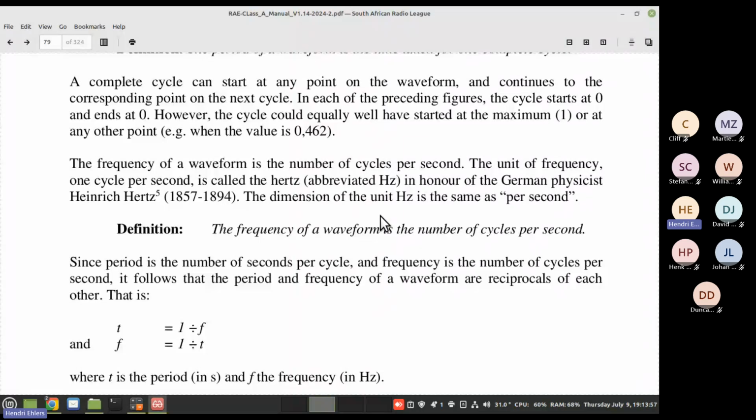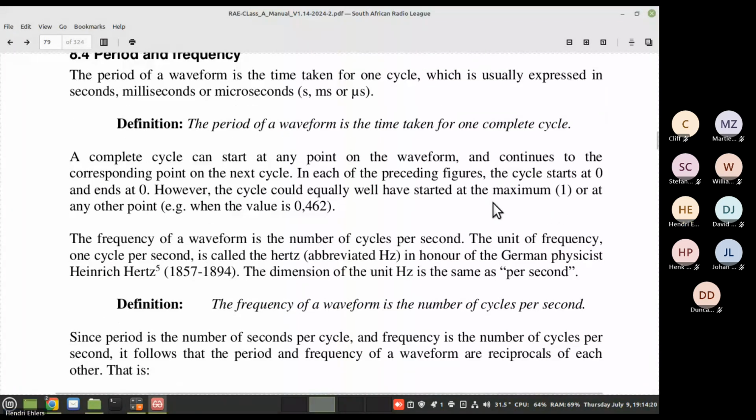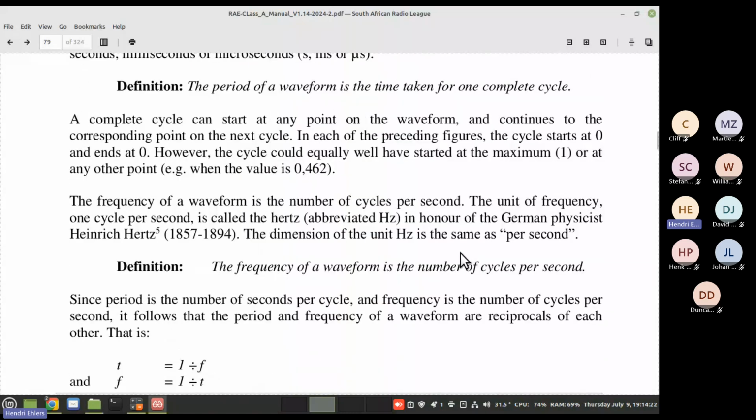I didn't know that. The dimension of the unit hertz is the same as per second. And then they give us the definition again: the frequency of a waveform is the number of cycles per second. So they really want us to remember that.